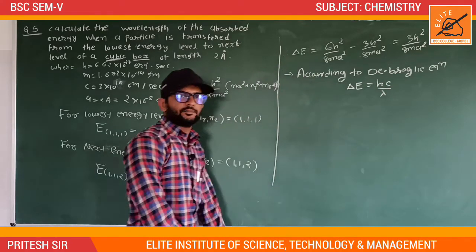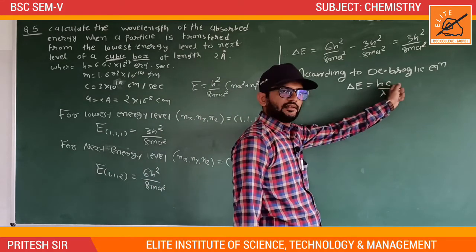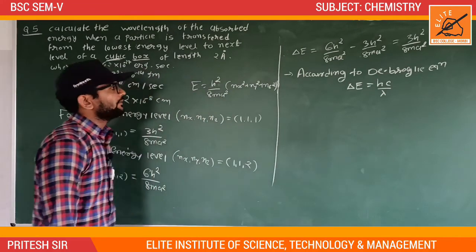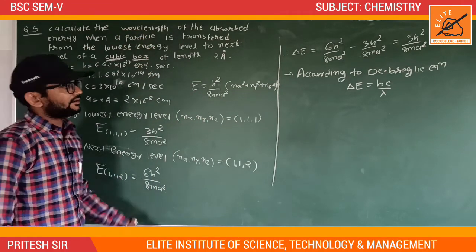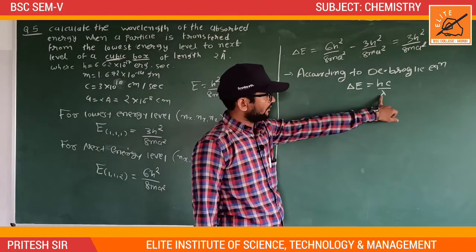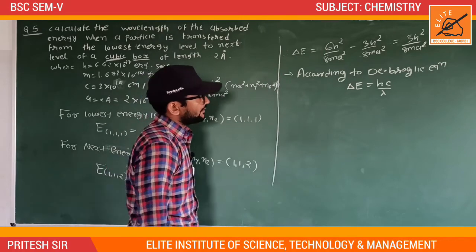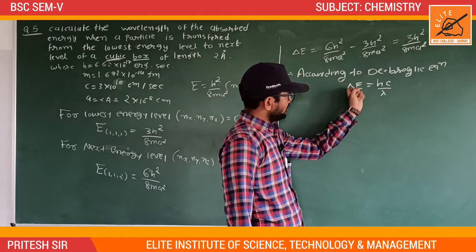Here h is the Planck constant, c is the velocity of light, and lambda is the wavelength. In this example we calculate the wavelength, which means we calculate the value of lambda. So delta E is equal to hc upon lambda, but in this case we obtain the value of delta E.